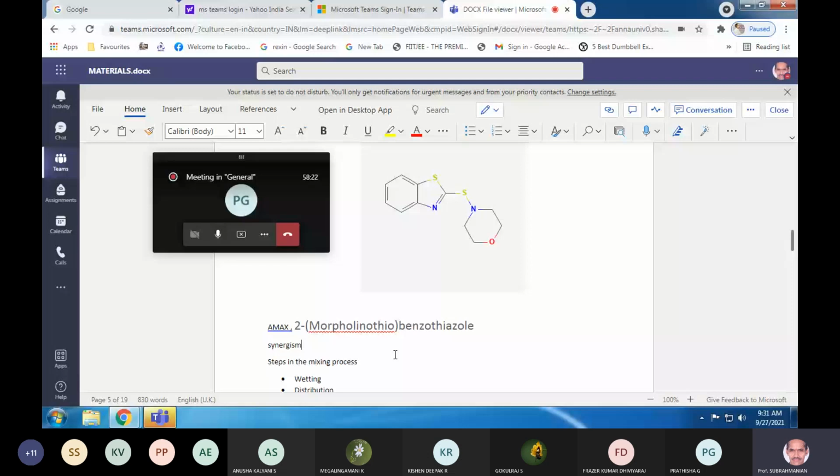Synergism applies to two accelerators like TBBS and sulfonamide. Okay, pure accelerator, anti-degradants.